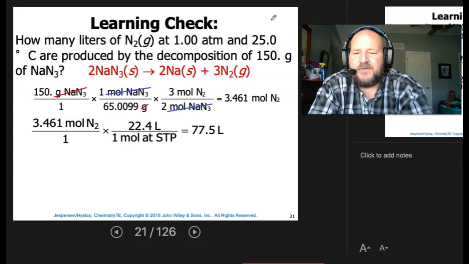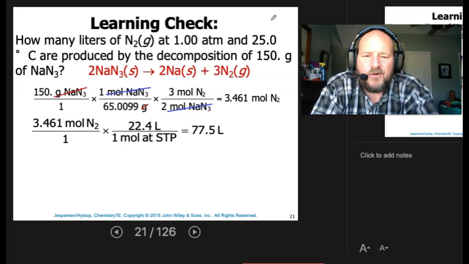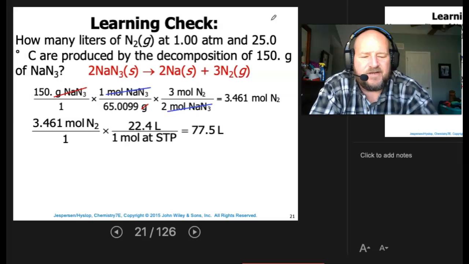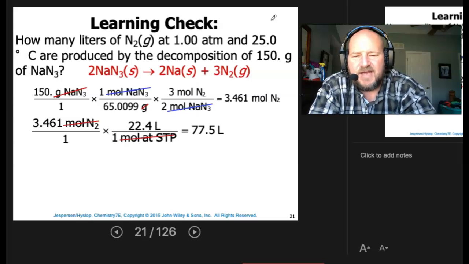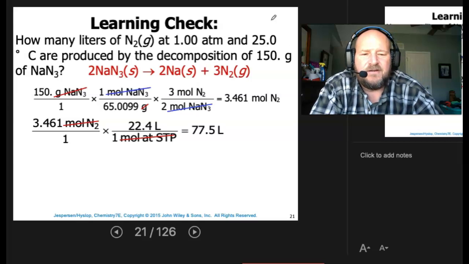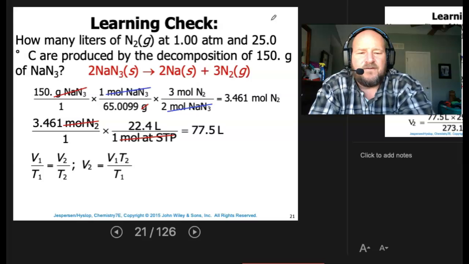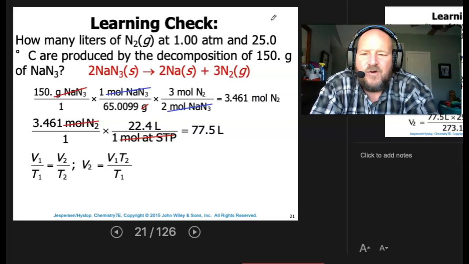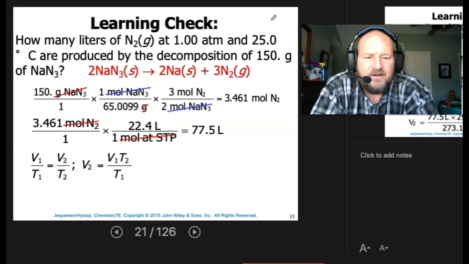So we're going to take that 3.461 moles, multiply by the 22.4 liters, moles will cancel out, and we're at 77.5 liters as our answer. All right. Now we know how much, right? This is how many liters at this are produced by the decomposition of 150 grams of the azide.